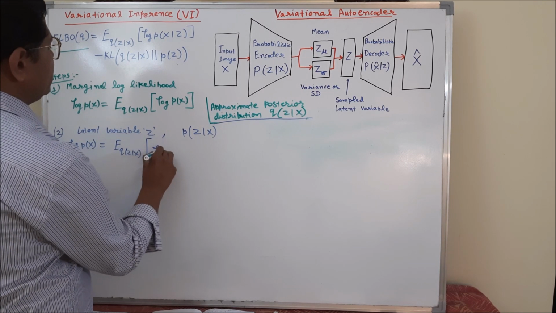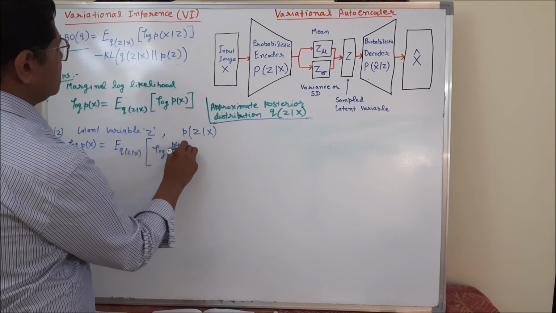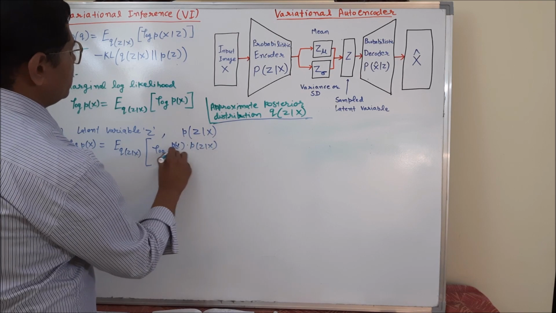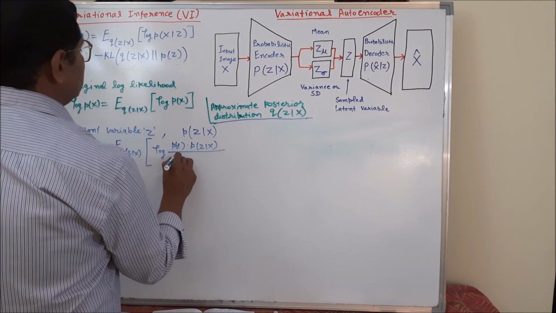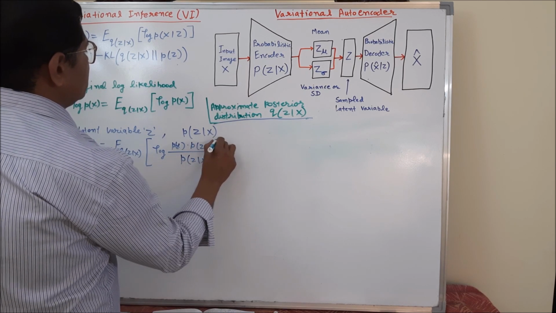Then this becomes log of P(X) times the conditional probability of Z given X, divided by the conditional probability of Z given X.